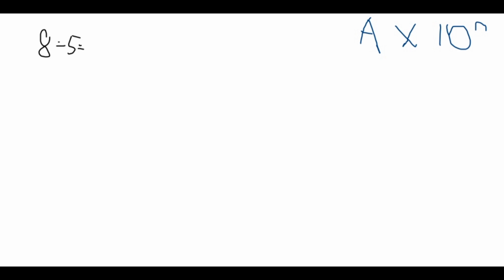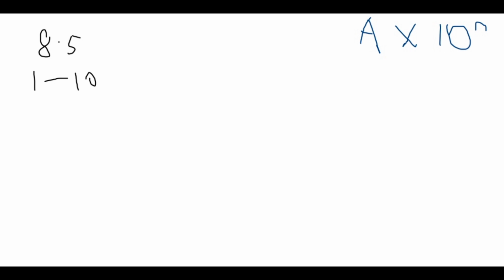So what you do in this case is make do with the decimal point that you have. Now 8.5, you can say this number is already in standard form because this 8.5 ranges between 1 to 10, meaning it does not go above or below this range.